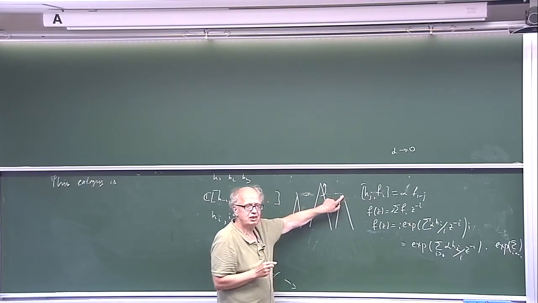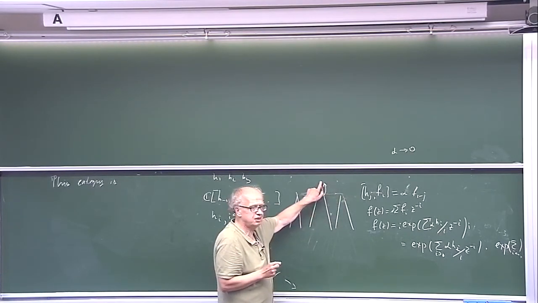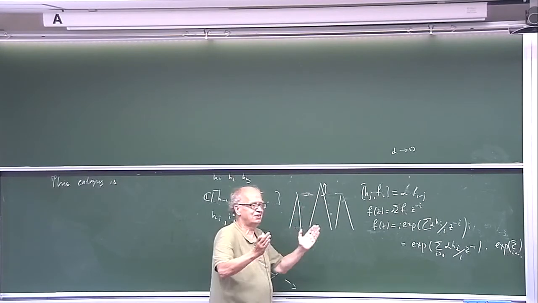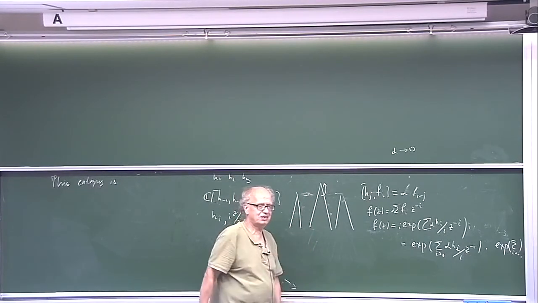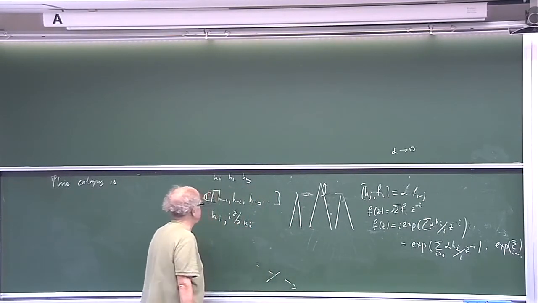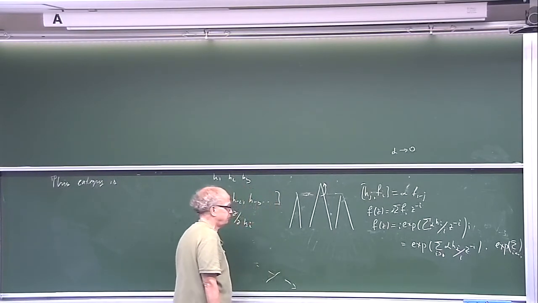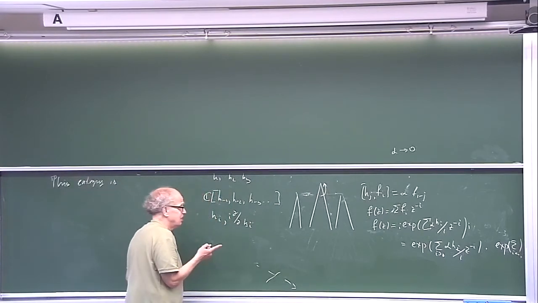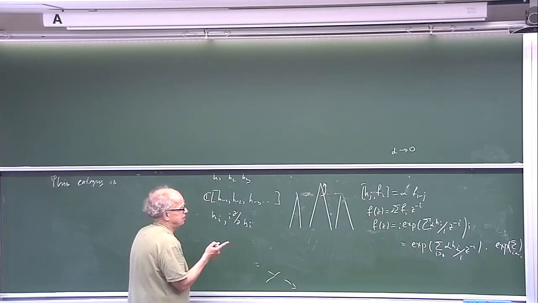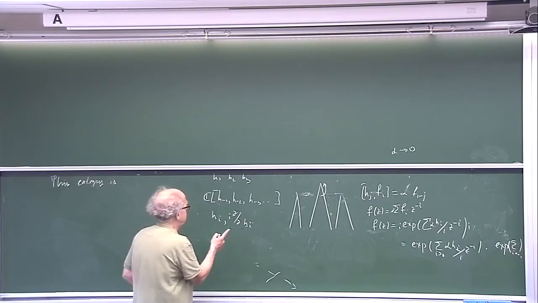If alpha is 0, this will be this, because they are all collapsing into one space. Therefore, you see, these limiting things will be the limit of this.